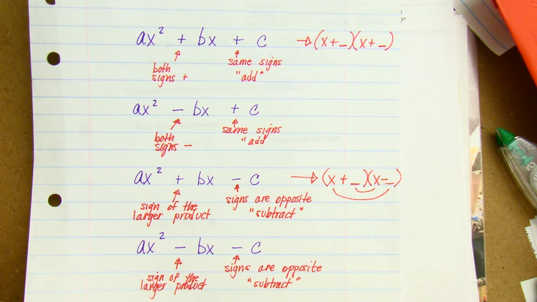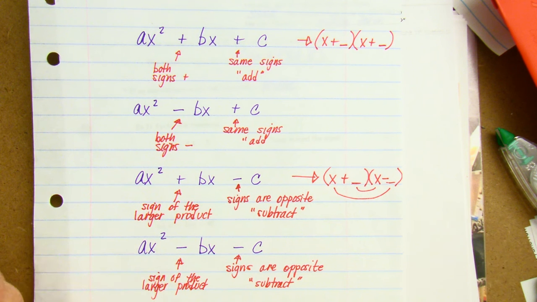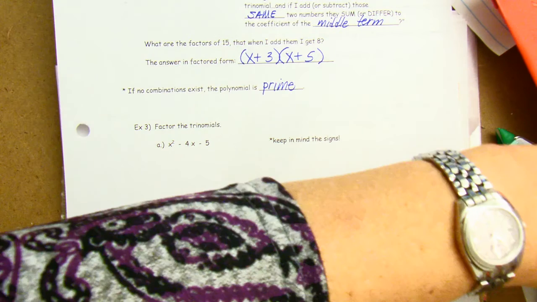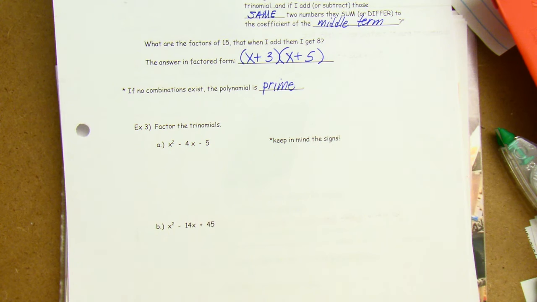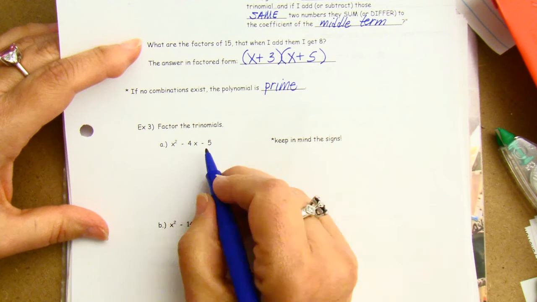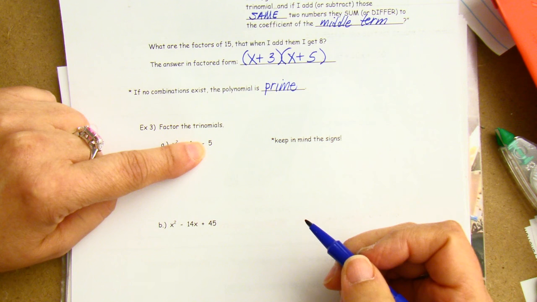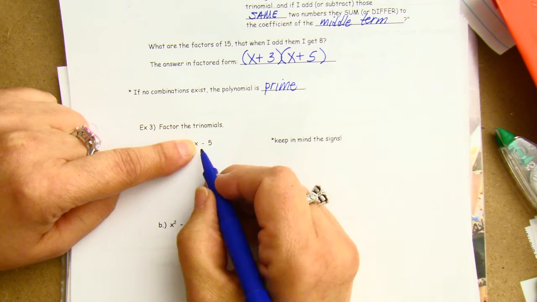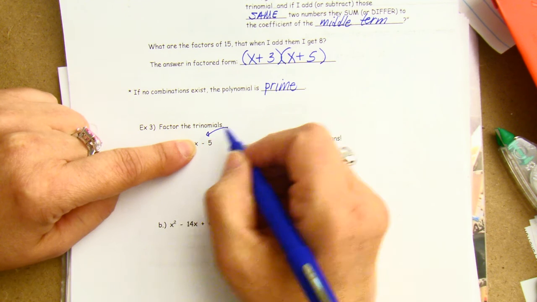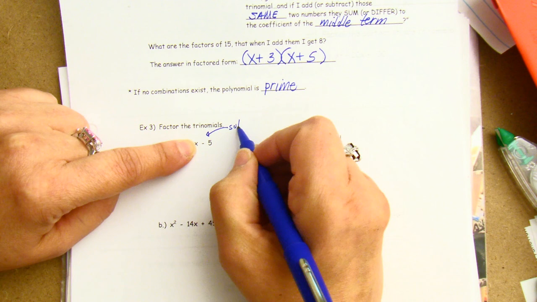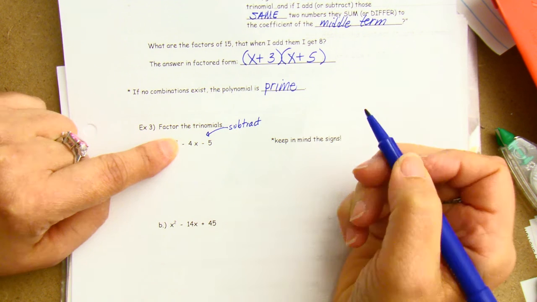And let's now take this and apply it to the examples that are on our notes sheet. Factor the trinomials. Okay, I've got a 5. So I want to know, what two numbers give me 5 that when I subtract them, it's going to give me a 4.